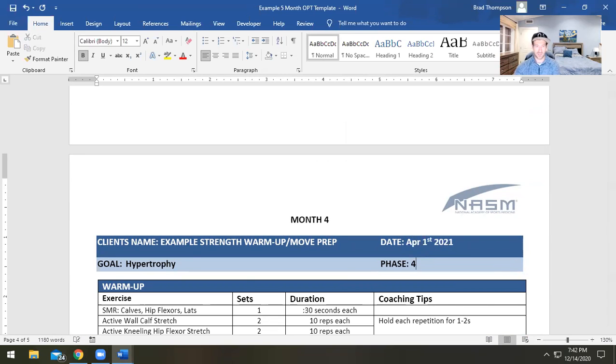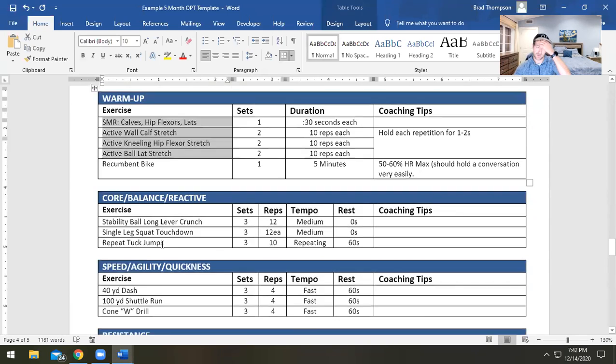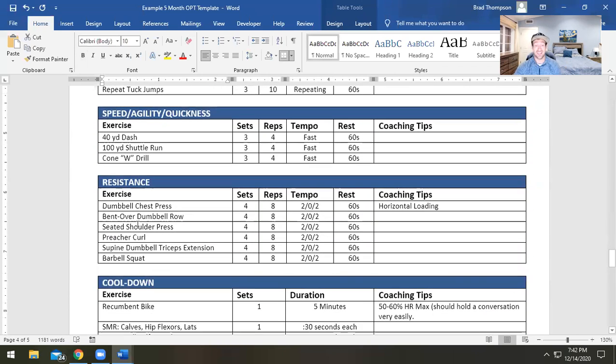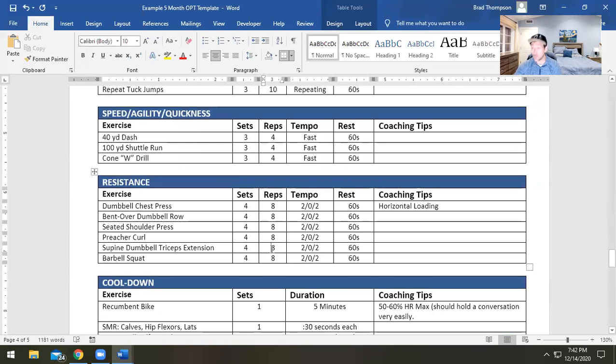That's phase 4. Our goal is now max strength. Again, it's all strength, so I don't need to change the warm-up. I don't need to change the movement prep. I don't need to change the SIQ. I don't even need to change my exercise selection. I can literally leave all of this the same because these are all strength movements. And I never would, but I'm going to tonight because my goal is to give you a very clear example.